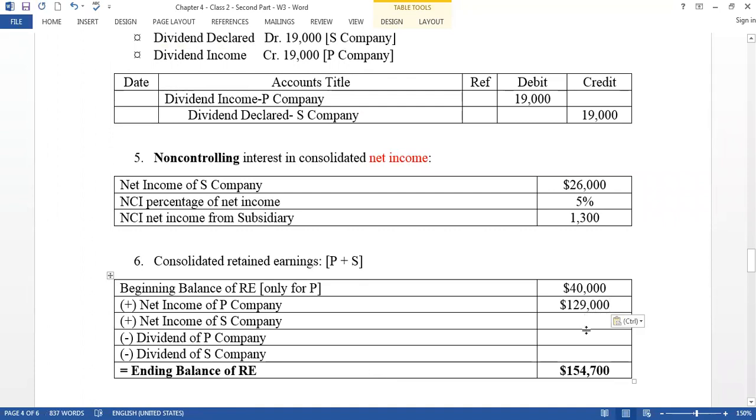If you write $26,000 here, is it right or wrong? Wrong, right? Because the subsidiary company's net income is $26,000, but it is not 100% yours. Yes, very good, only 95%. 95% is yours. So the amount here is 24,700.